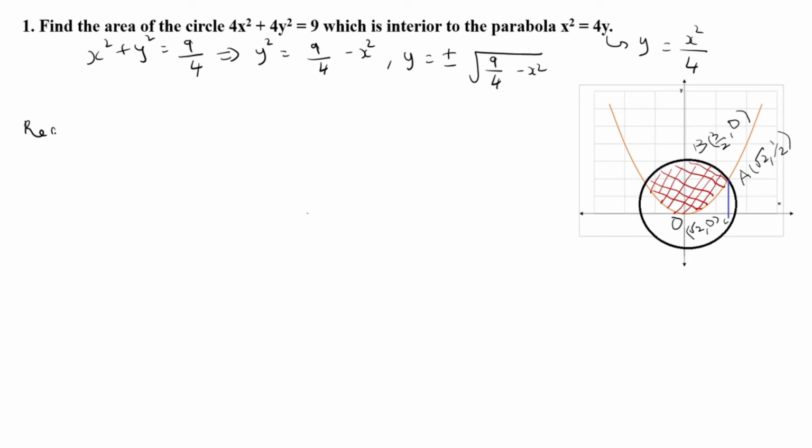So we have the required area is equal to 2 times area of OCAB minus area of OCA.